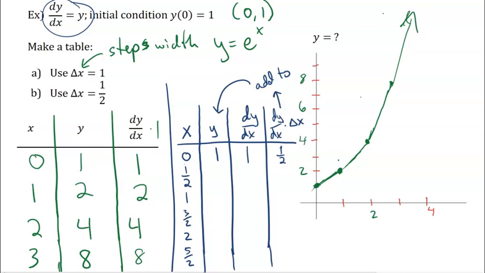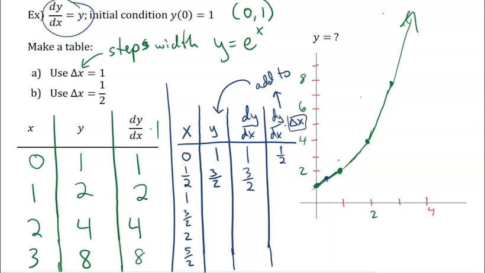So my second point is at 1/2 comma 1 plus 1/2, which is 3 halves, so 1/2 and then 1.5. So maybe right about there. Still pretty close. Okay, so there's 2 points. Now dy over dx at this new point, or the slope of the tangent at this new point, is 3 halves, and I'm going to multiply that by 1/2.